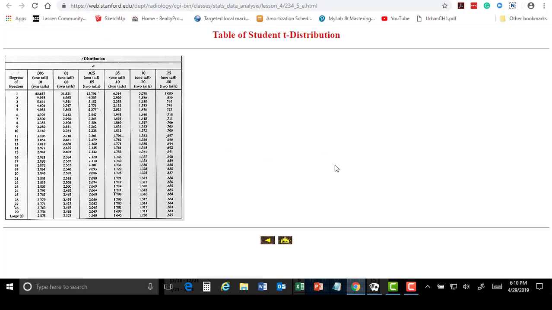Okay, so I was going to 18, right, because the sample size was 19. And if you look at your test statistic, it was given to be 2.584. Okay, so if I'm at 18, there's 2.552.